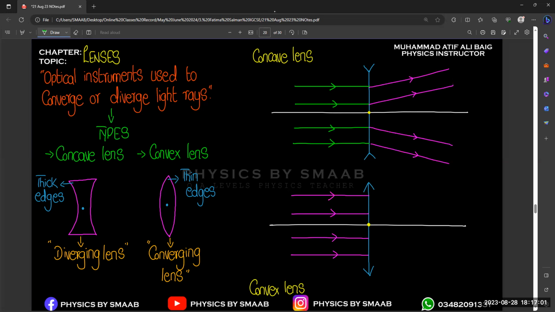They will converge towards the center like this.